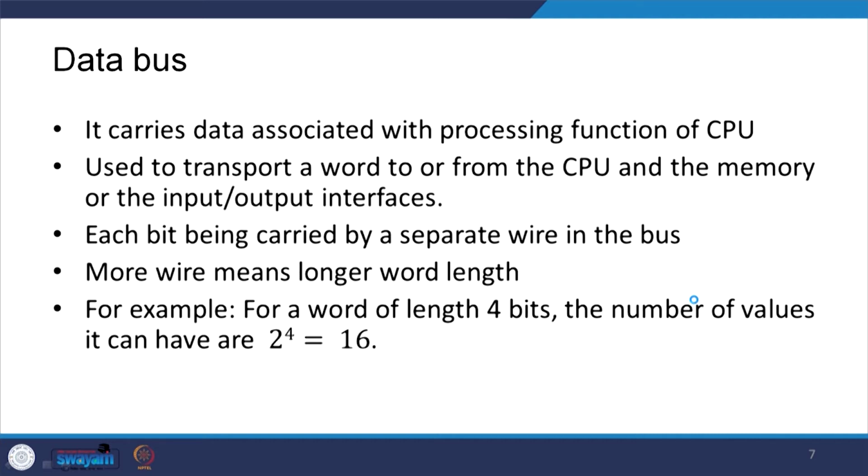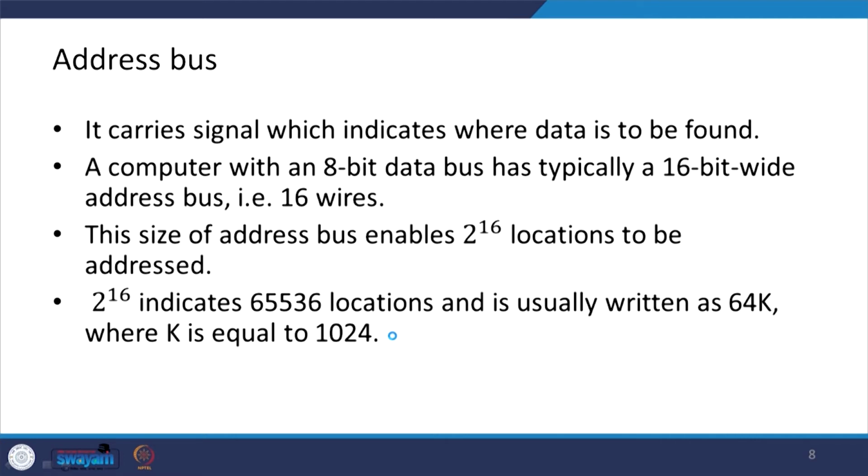For example, for a word of length 4 bits, the number of values it can have is 2 to the power 4, that is 16. Next, let us look at the address bus. As the name indicates, it carries signals which indicate where data is to be found.